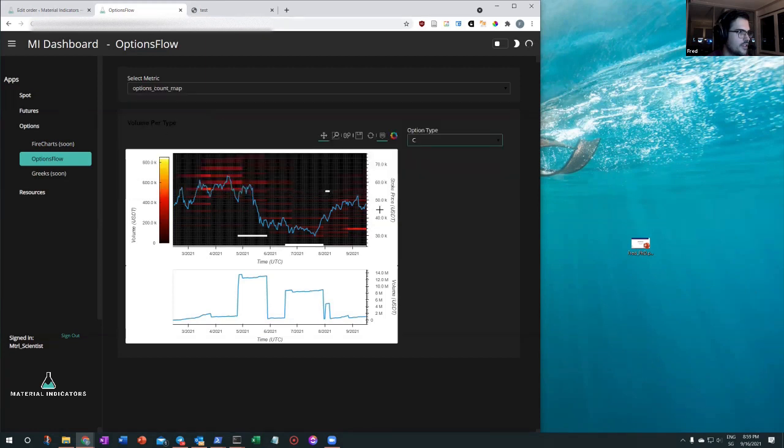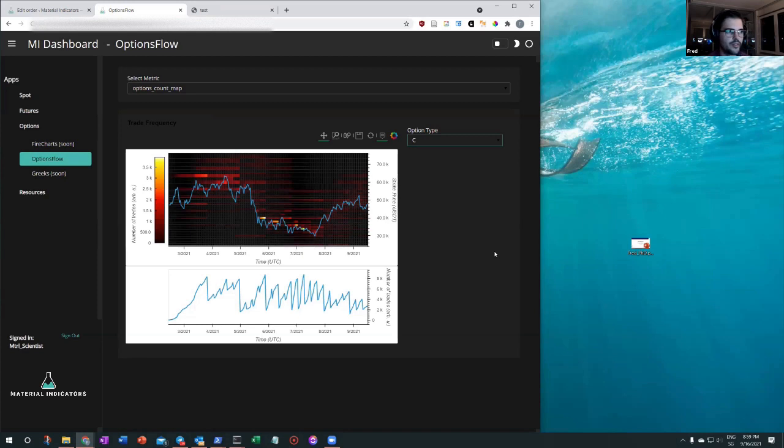You can also look at the trade frequency per strike price, so the number of trades for each strike, and there was a lot of trades for the monthly expiries, right? But here you see a lot of short-term trades.